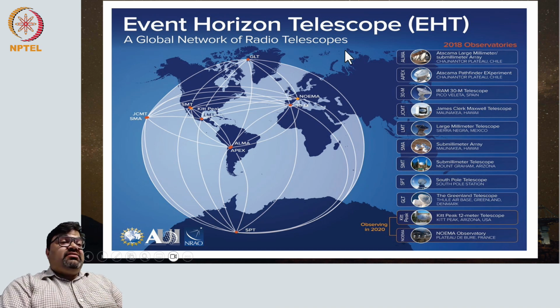And this involves another very large telescope called ALMA, the Atacama Large Millimeter Array, and then several others like the Submillimeter Array in Mauna Kea in Hawaii, the Large Millimeter Telescope in Sierra Negra, Mexico, the South Pole Telescope at the South Pole, and several others, the NOEMA Observatory in France, and they form this particular Event Horizon Telescope.